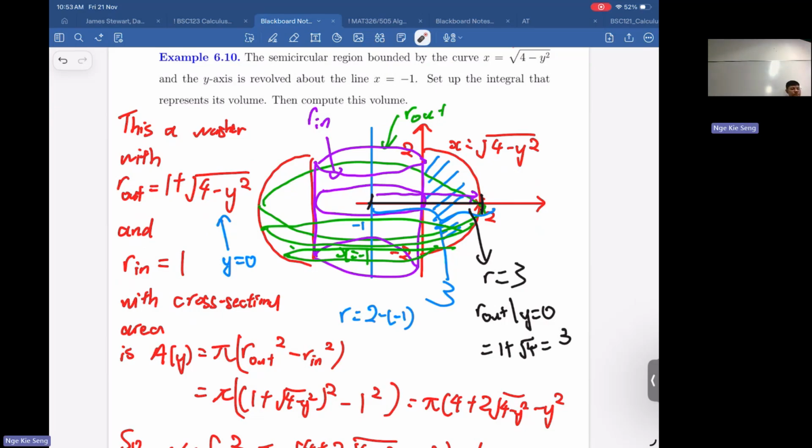Radius inside, radius outside. Very important is you get the first picture right. If your first picture is wrong, then your R in, R out will change already. So make sure you get the picture right, and then get the evolution right.